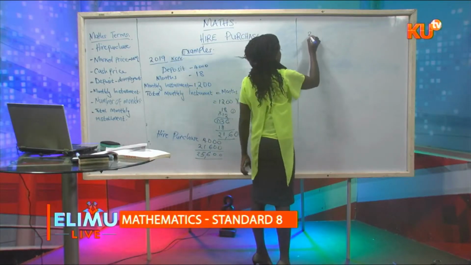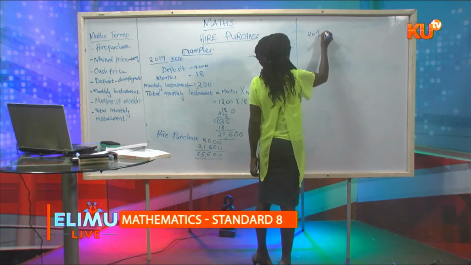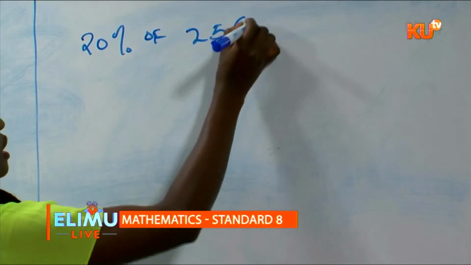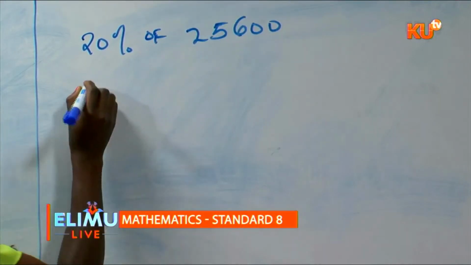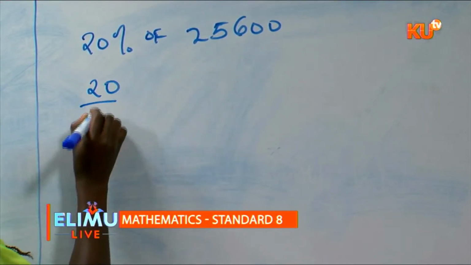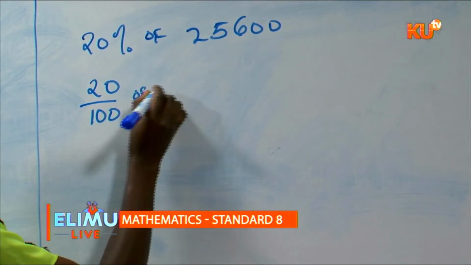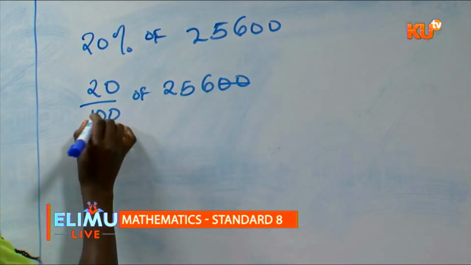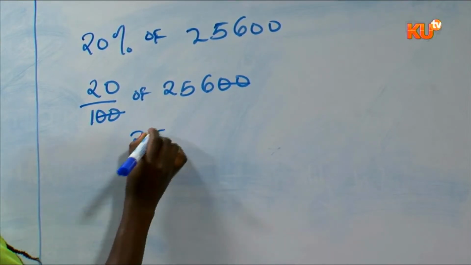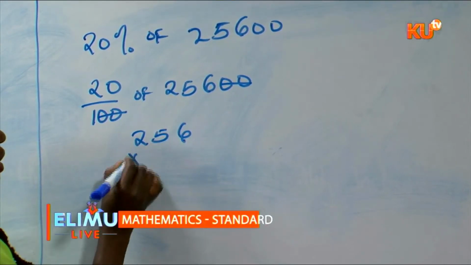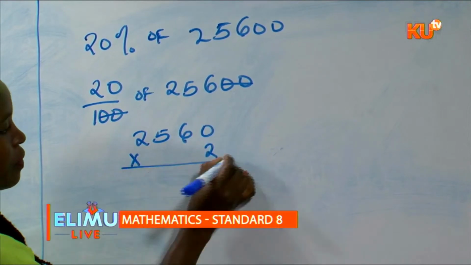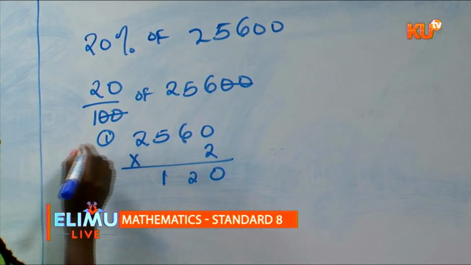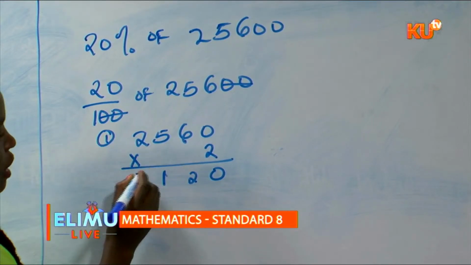So we get the 20% of 25,600. 20 out of 100 of 25,600. So 256 times 20. 12 carry 1, 10, 11, carry 1, 5.